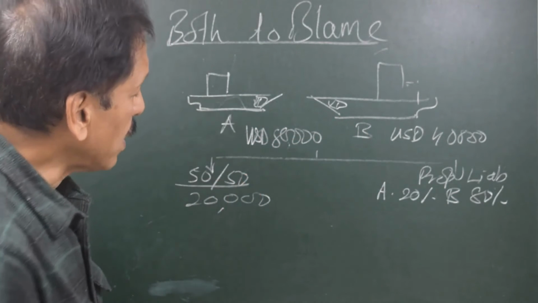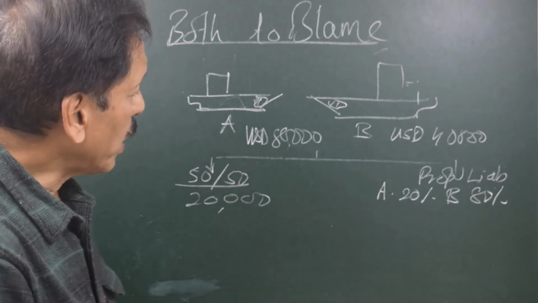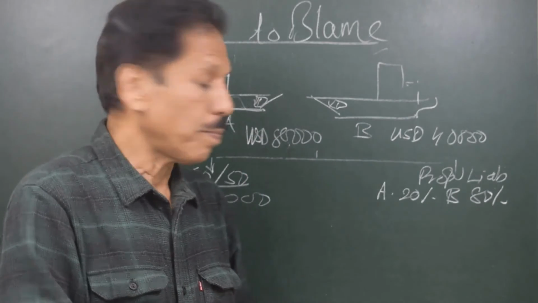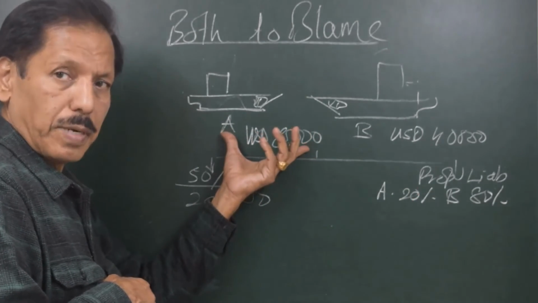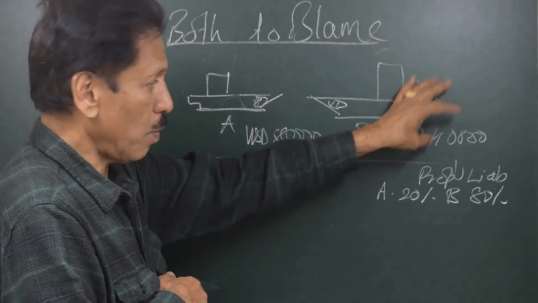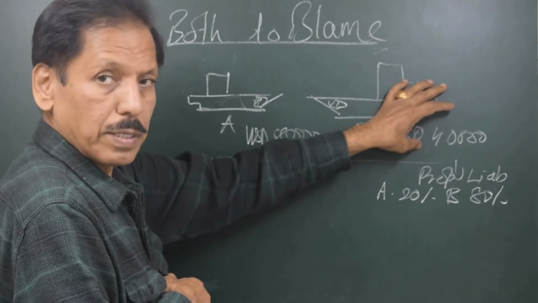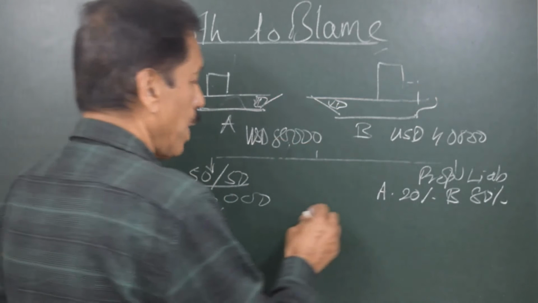But now let us understand the same exchange of money using the proportional liability principle. Proportional liability principle means whatever is my damage, multiply this by the percentage of blame of the other ship. Now this ship is blamed 80%. So B must pay 80% of 80,000.